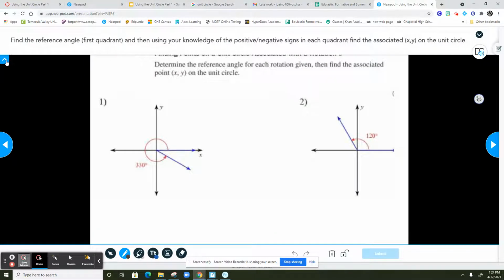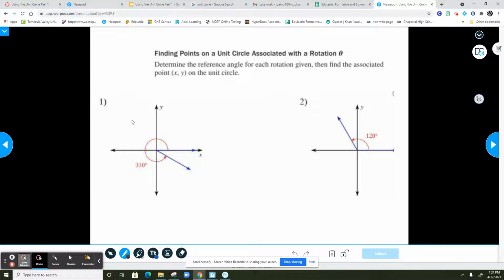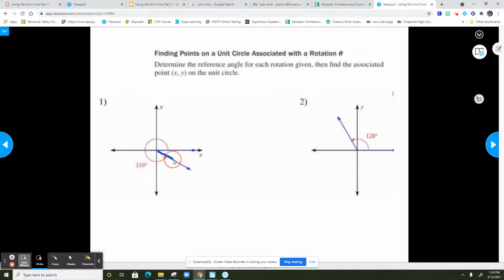So here we just want to find the reference angle, and it's given in degrees. The angle given is 330. The reference angle is the angle from the terminal side. What's the terminal side here? It's this side right here, on the x-axis. How big is this?